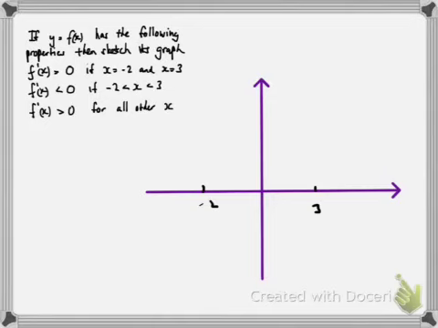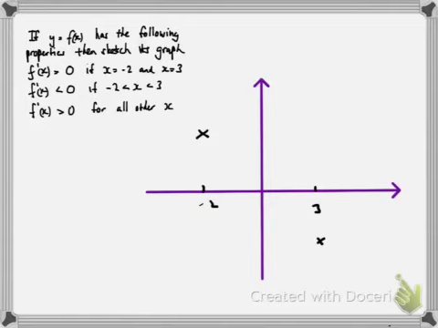What we do know is that we've got turning points at 3 and negative 2, why? Because at those 2 points the gradient is equal to 0, and we know that we've got negative gradients between those 2 points, positive gradients at other times. So what we're going to end up with here is 2 turning points, there and there.